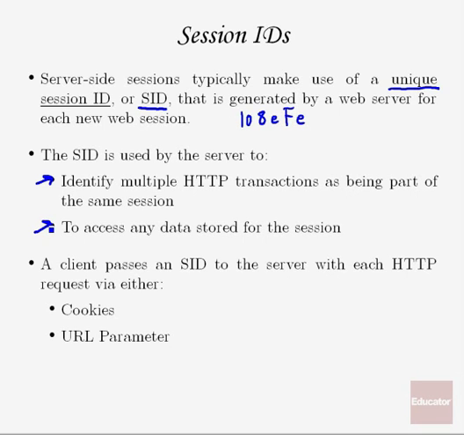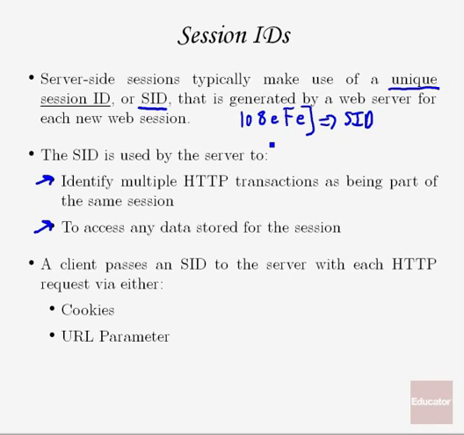It's also going to be used to access any stored data for the session. So for example, if you have this unique SID and you send a request to the server and you're trying to load up some data that you'd stored, maybe the state of your shopping cart, the server knows how to take this SID and use it to access any session data that has been stored on the server.